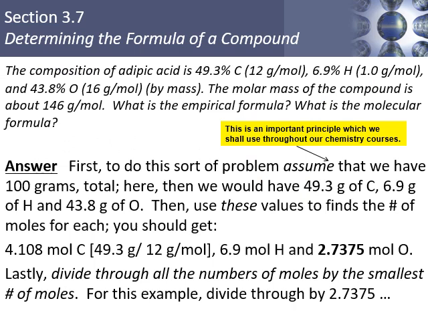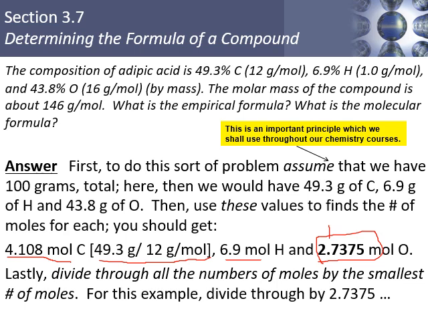So here, what I've done is I've assumed that there was 100 grams, and then I divided through each of these by the number of grams per mole. So for example, for carbon, I got a little more than 4 moles, and for hydrogen, I got 6.9 as expected. And then for O, I got 2.7375 moles. Again, I got this by dividing how much I had, which was 43.8 grams, divided by 16, which is the number on the chart.